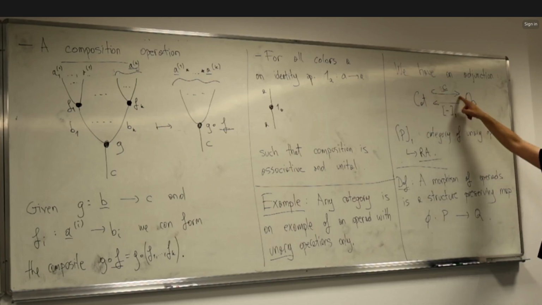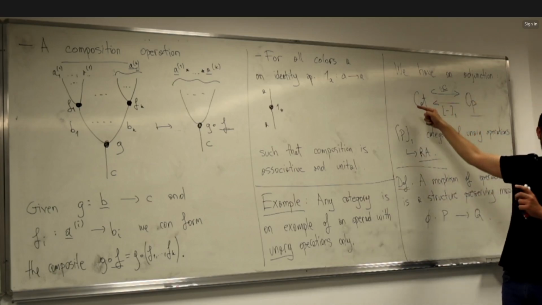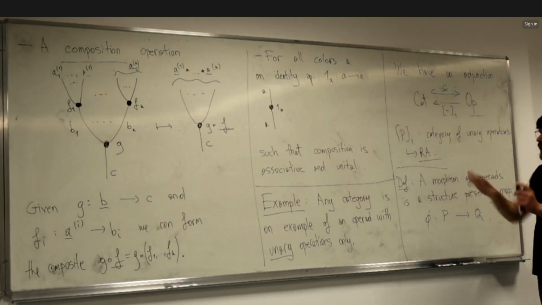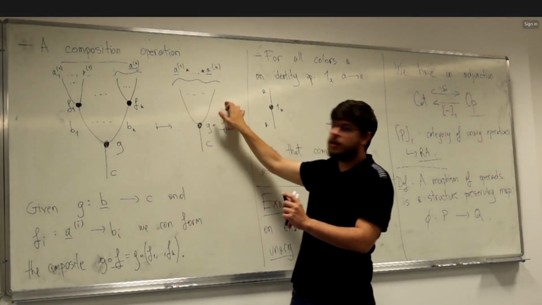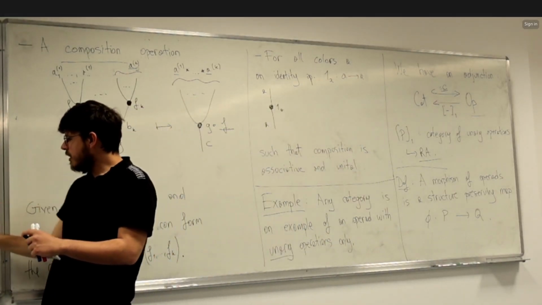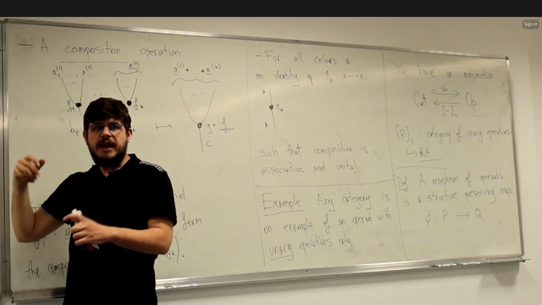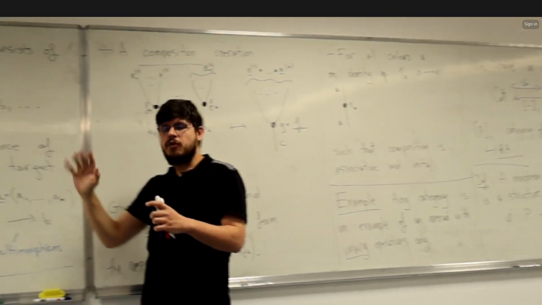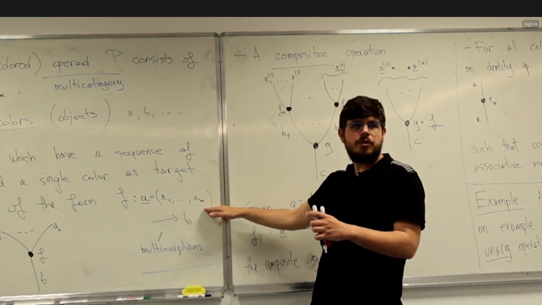So you take any operad, and you just discard everything which has multiple inputs. If you think about it in terms of these multimorphisms, you forget about all morphisms with multiple inputs.